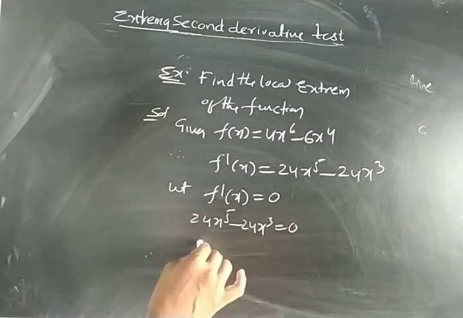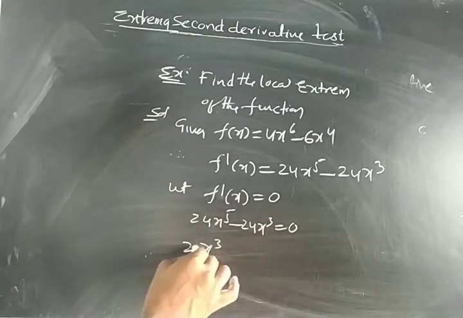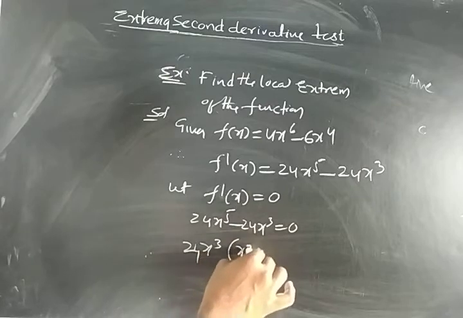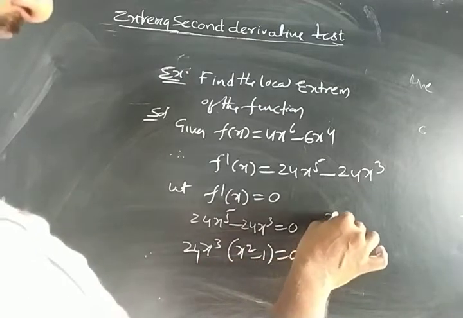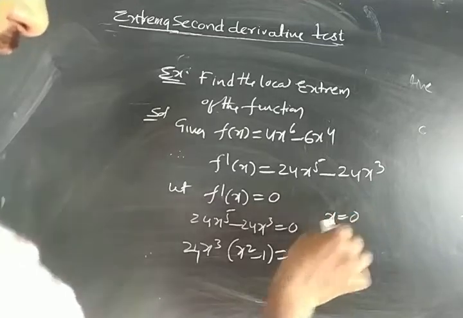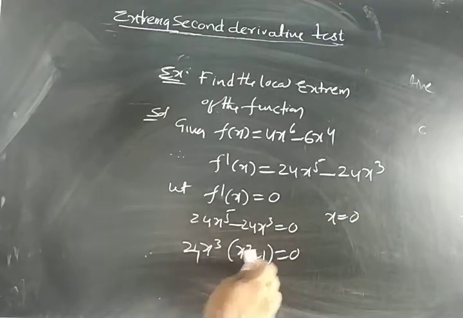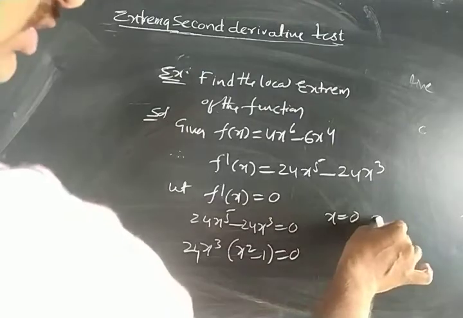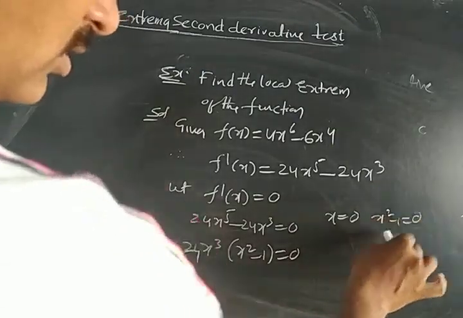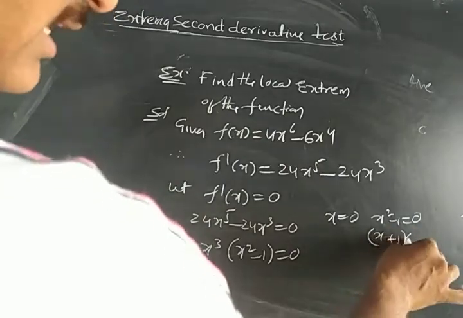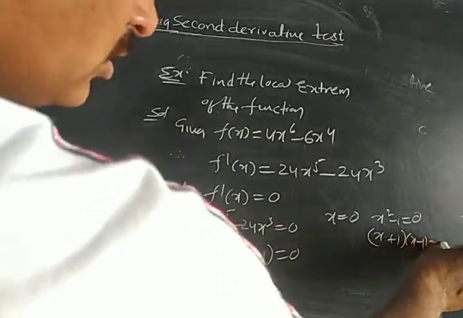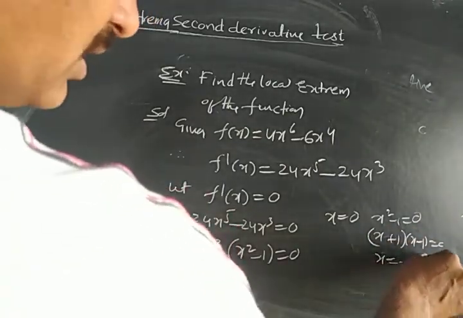Taking 24 x cube common, you will get x square minus 1 equal to 0. So here we are getting x equal to 0 as one root, and x square minus 1 equal to 0 means x plus 1, x minus 1 equal to 0. Here we are getting minus 1 and plus 1 also.